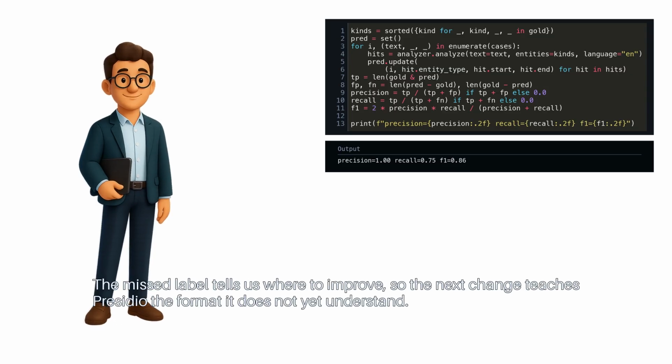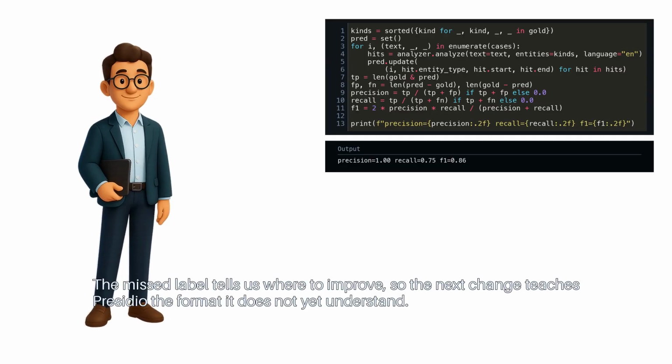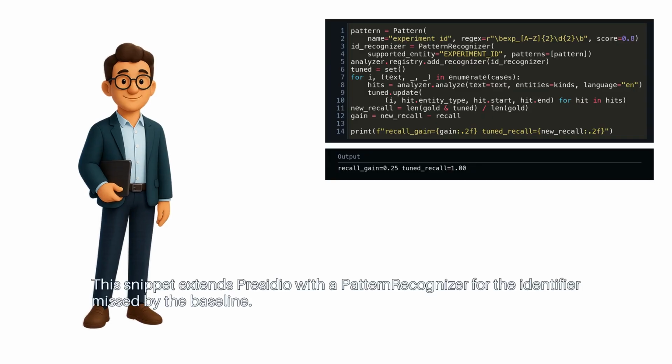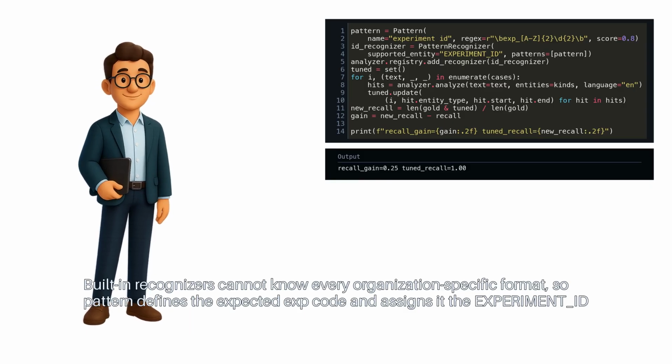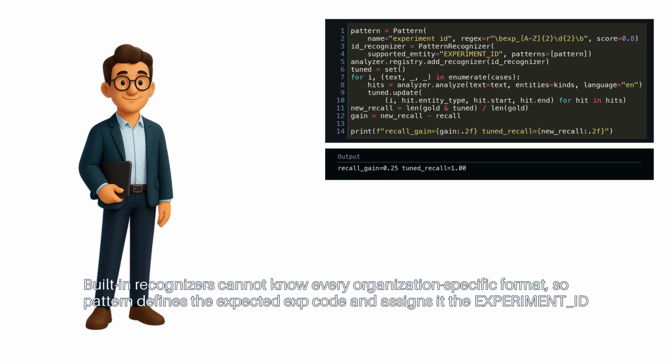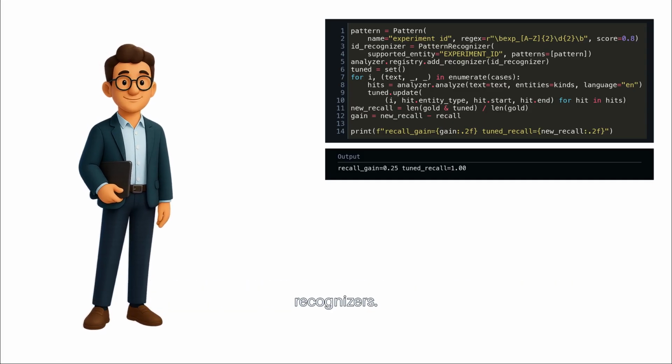The missed label tells us where to improve, so the next change teaches Presidio the format it does not yet understand. This snippet extends Presidio with a pattern recognizer for the identifier missed by the baseline. Built-in recognizers cannot know every organization-specific format, so the pattern defines the expected EXP code and assigns it the experiment ID type. analyzer.registry.add_recognizer makes that detector available to later AnalyzerEngine.analyze calls without replacing Presidio's existing recognizers.